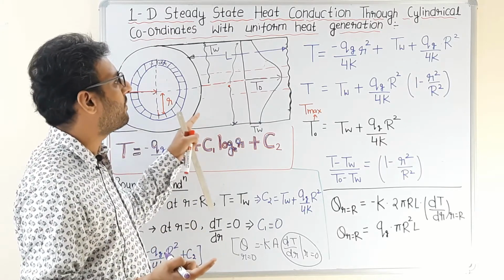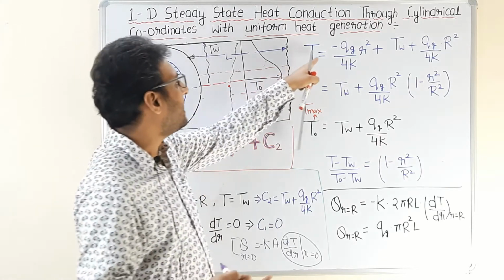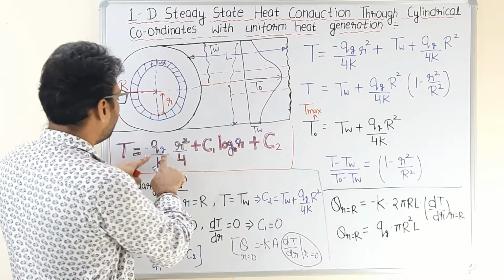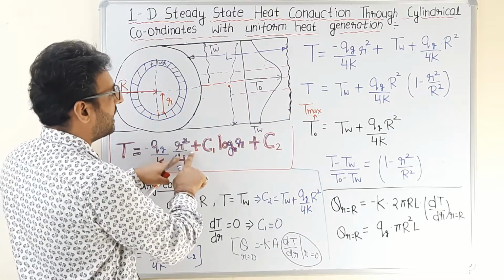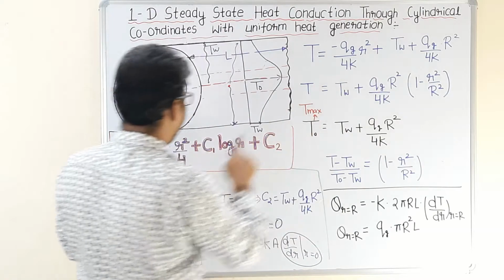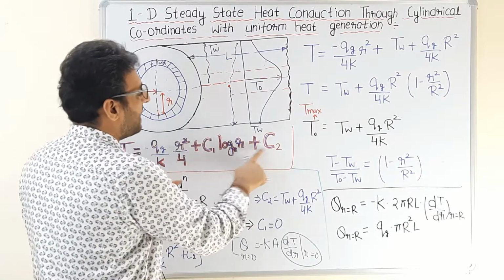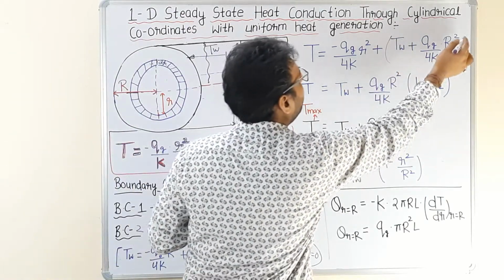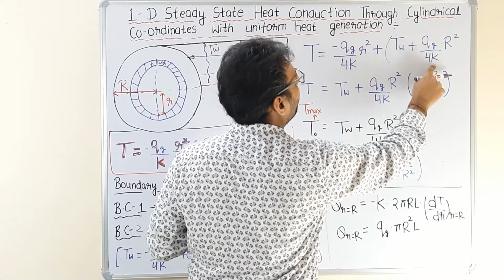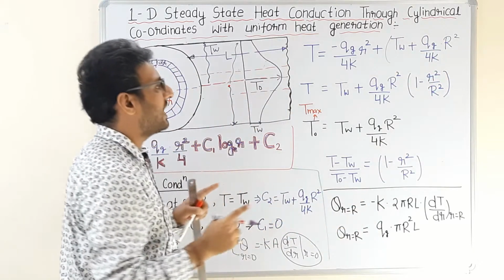T equals minus QG by 4K r squared, plus the value of C1, which is 0, plus C2, which is TW plus QG by 4K into capital R squared.